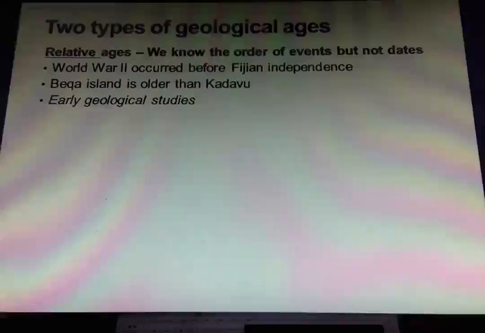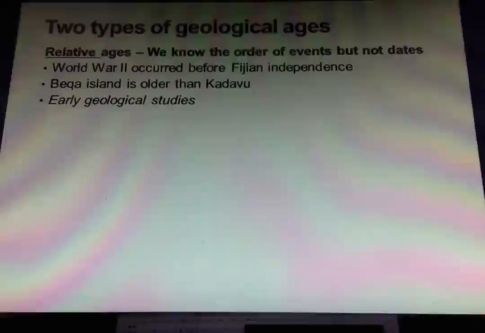Before we had access to reliable radiometric dating and chemical analysis techniques that we will see in a few slides' time, all we could do was say this thing happened before this thing. So it was relative. Something happened after another event that had occurred a number of years previously. So we had timelines, but no exact dates.